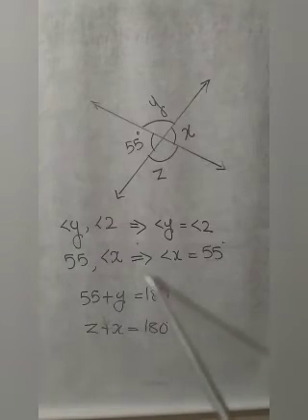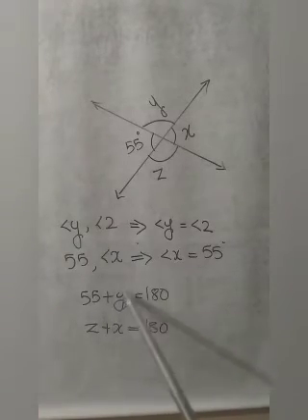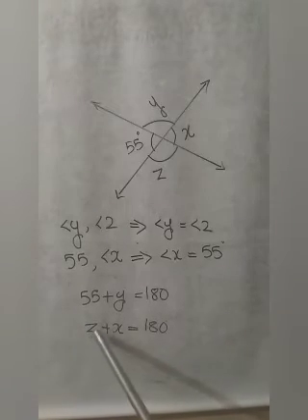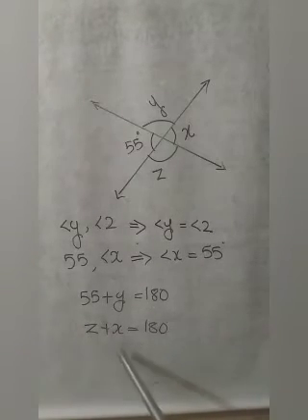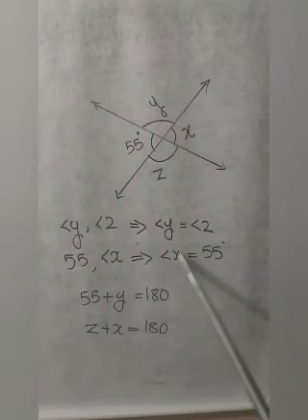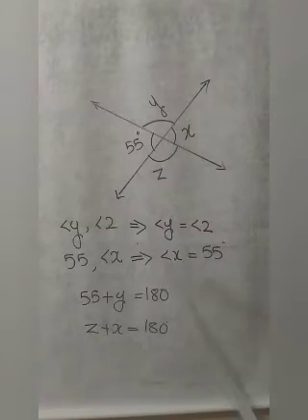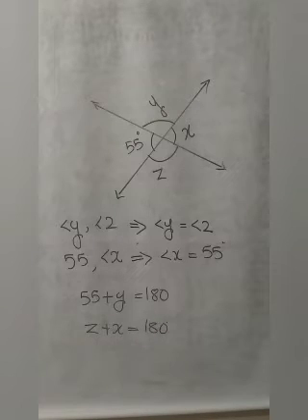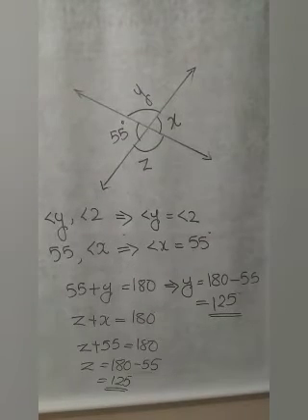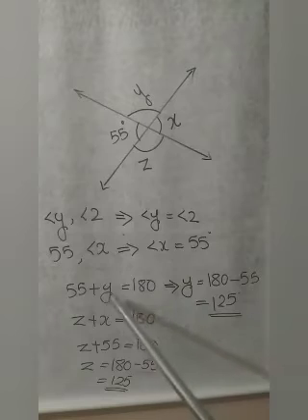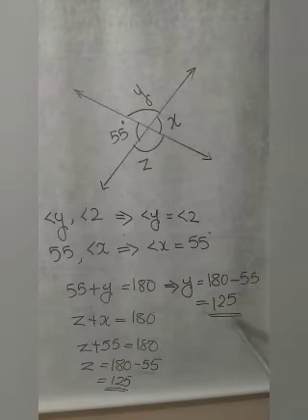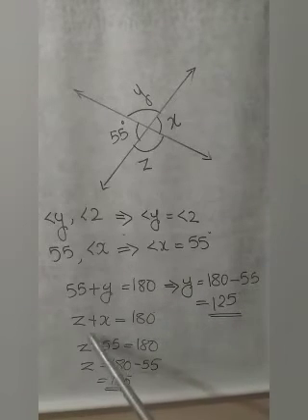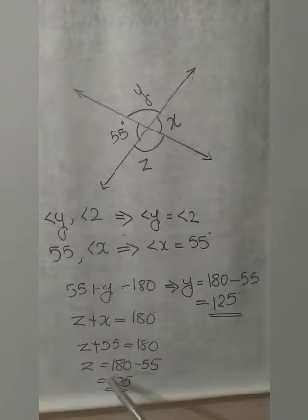Now, 55 plus y equals 180. From this, you can find the value of y. Here, z plus x equals 180. We know the value of x. What is the value of x? 55. So, from here also we can find the value of z. By solving these two equations, we are getting y equal to 125 degrees, and solving for z, we are getting z equal to 125.